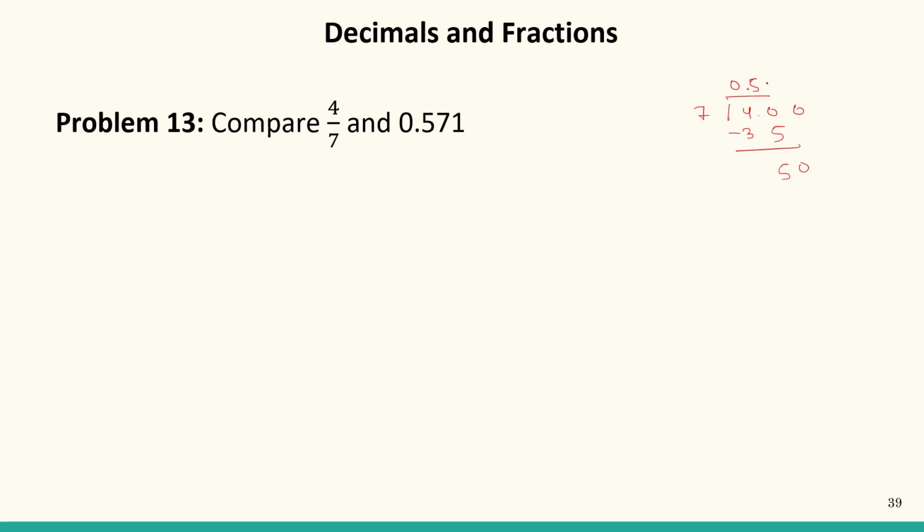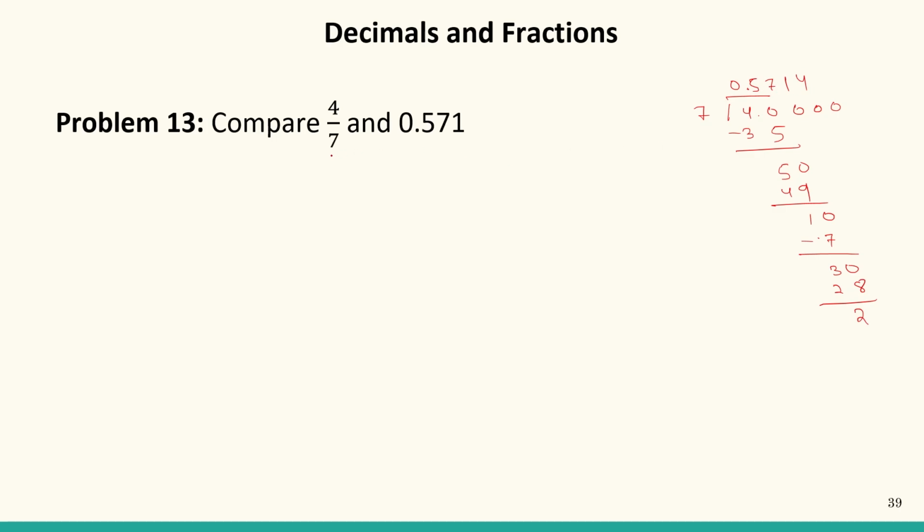So 7 into 7 is equal to 49, and then we have 1, then we can put another 0 here and bring it down here. 7 into 4 is equal to 28, right? So this is 2, and we can continue.